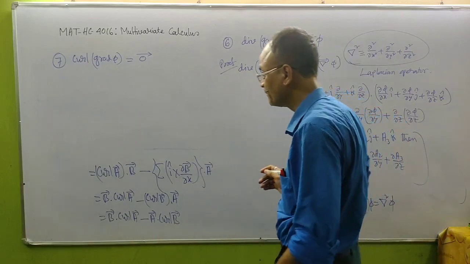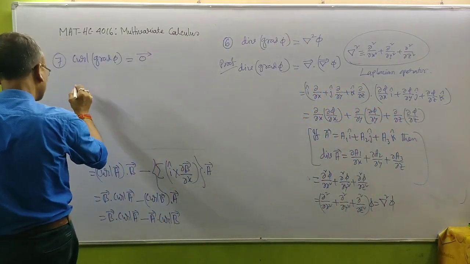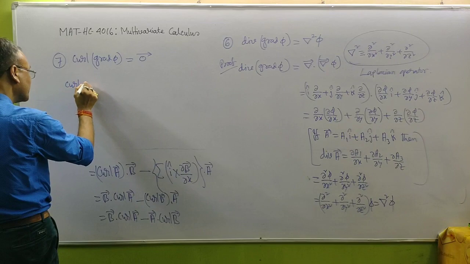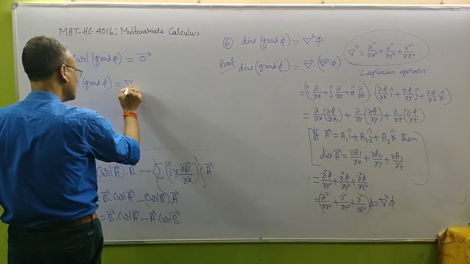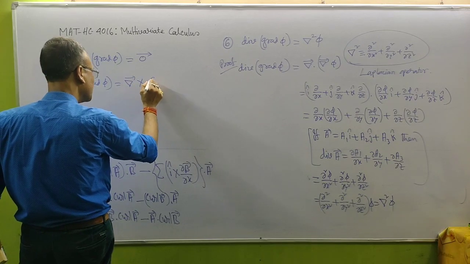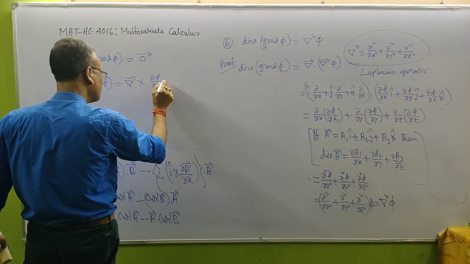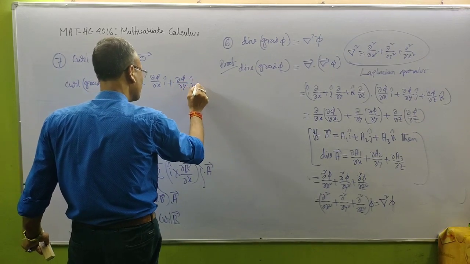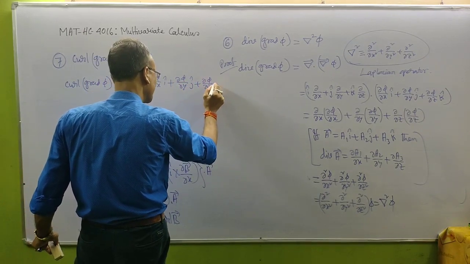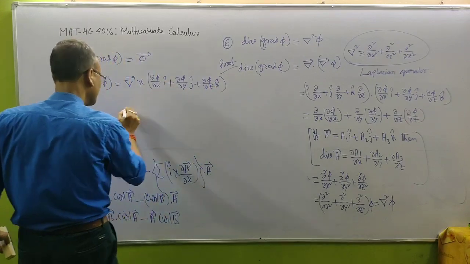It will be 0 vector. Now, curl of gradient of phi equals nabla cross (delta phi by delta x i cap plus delta phi by delta y j cap plus delta phi by delta z k cap).